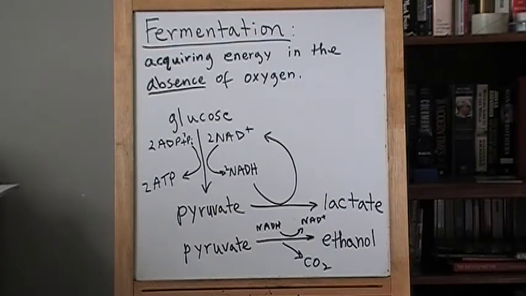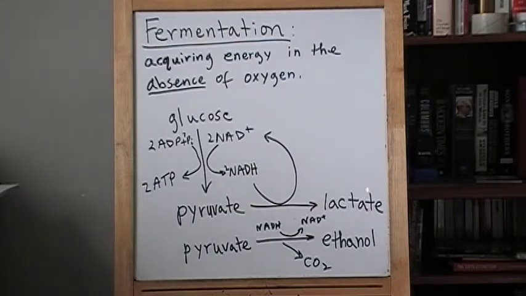So certain bacteria can do this, and also our muscles can do this when they're being worked very hard. So long distance runners and swimmers will eventually, their muscles are working so hard that their muscles actually run out of oxygen. And when that happens, they can continue to get some energy by reducing pyruvate instead of oxidizing it.